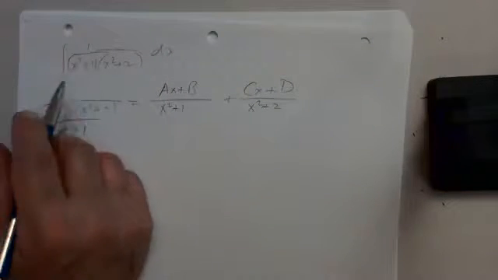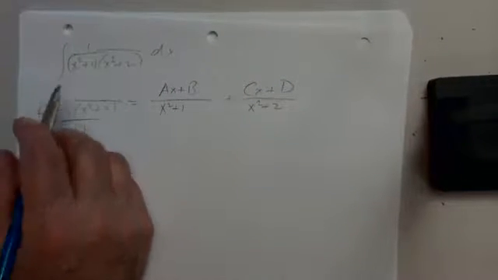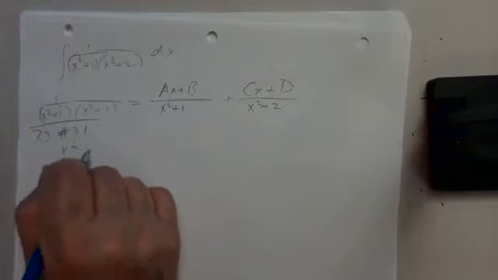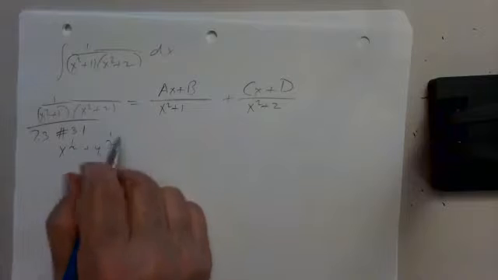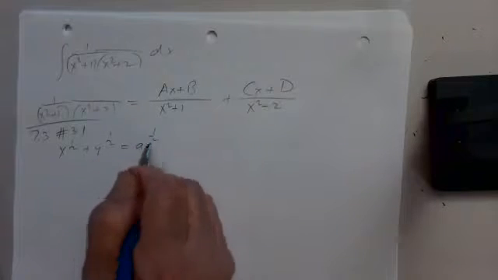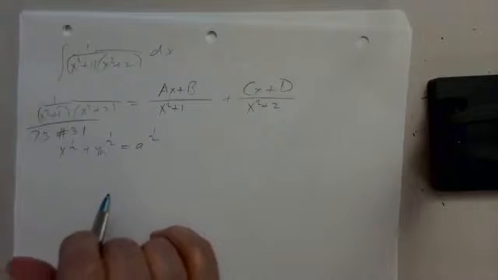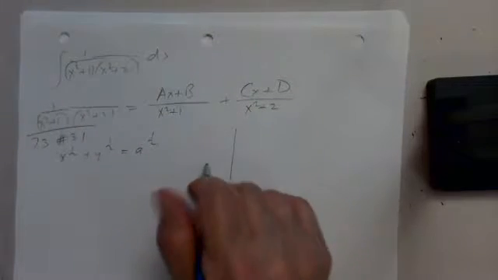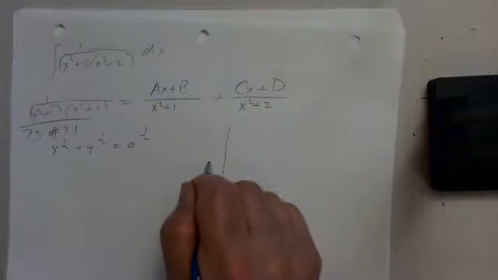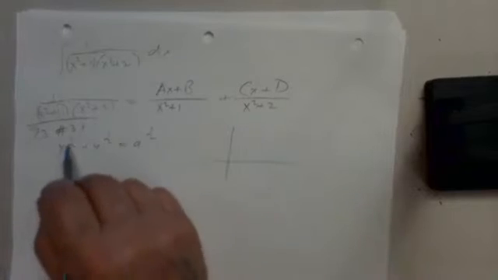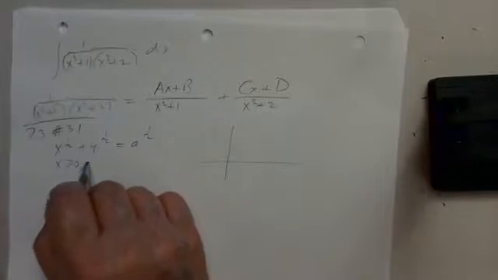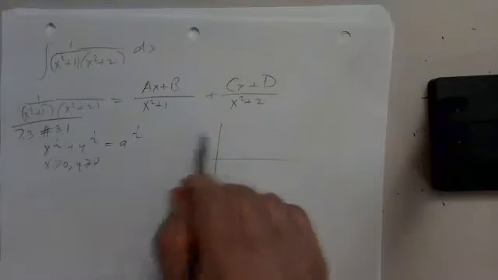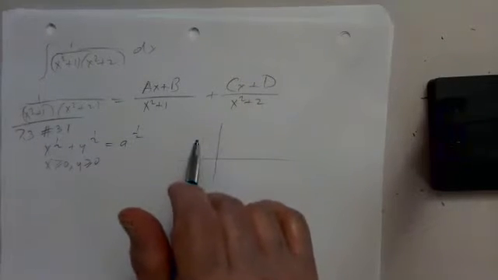So we have a region given by the equation x to the 1/2 plus y to the 1/2 equals some number a to the 1/2. This only makes sense, because you're taking square roots, when x is greater than or equal to 0 and y is greater than or equal to 0. So the graph of this is somewhere in the first quadrant.